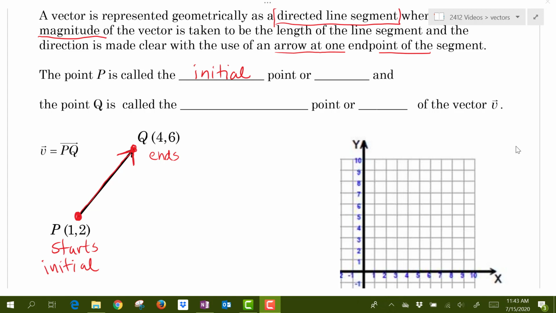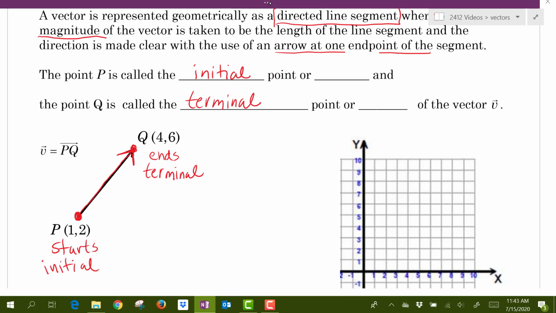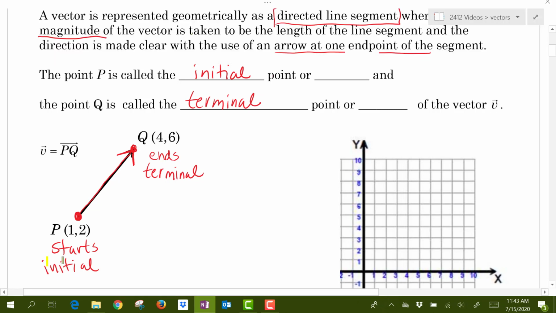And we will call Q the terminal point, meaning this is where the vector terminates. So initial and terminal points are partner words for the beginning and ending of the vector.